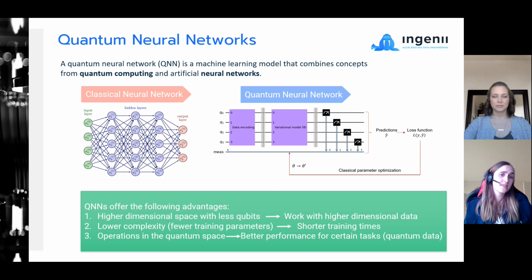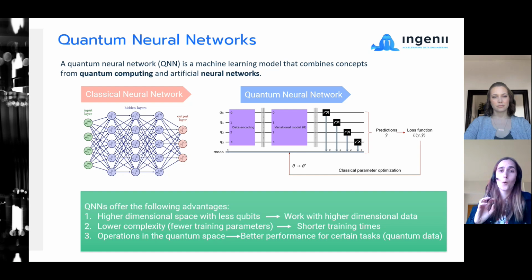And the second advantage, which is also related to this, is the lower complexity of quantum neural networks. When you think about very powerful classical neural networks, they usually need millions and millions of training parameters. So in order to properly train these neural networks, you need to learn the optimal values of all these parameters. And this means that you need very large data sets, long training times, and of course, expensive computational resources, such as expensive GPUs.